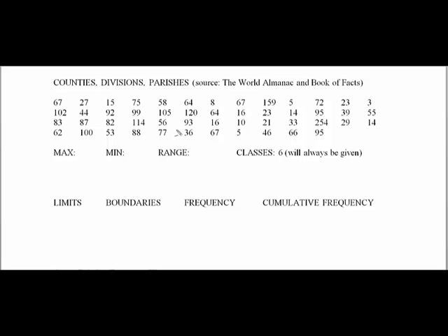Your book is going to ask you to break this into classes, because we have a very large distance between the minimum and maximum in this data. In fact, the smallest number is a 3, so one of the smallest states has 3 counties, divisions, or parishes in it, and the largest state has 254. So the range between these two is 251.